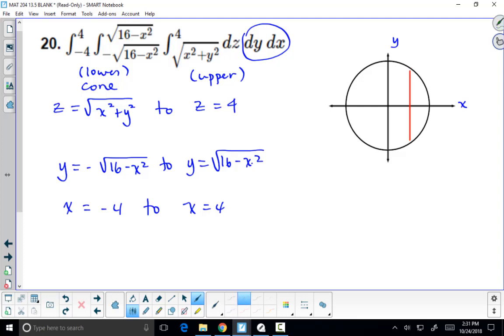When we eliminate z right here, this projects the intersection curve down onto the xy plane. So we took two surfaces, z equals the cone, z equals the plane, set them equal to each other. That takes where they intersect and drops that intersection curve onto the xy plane. That is matching this exactly.